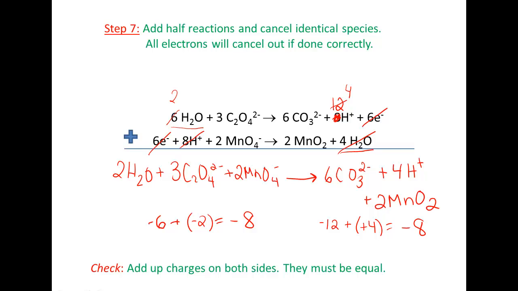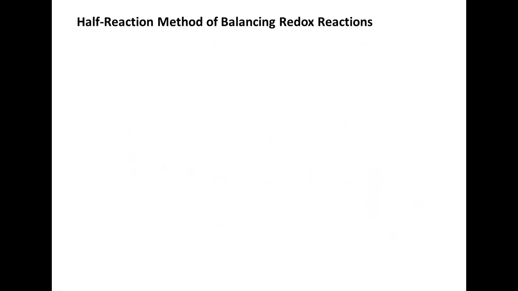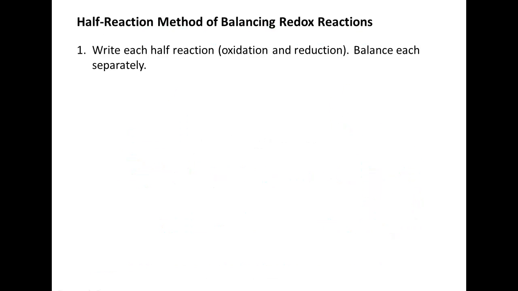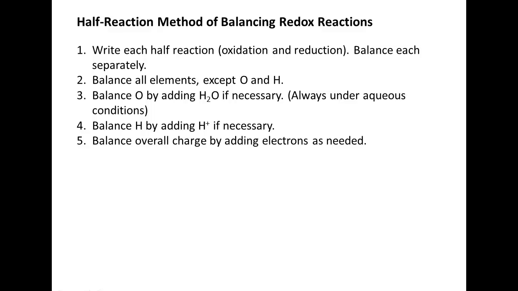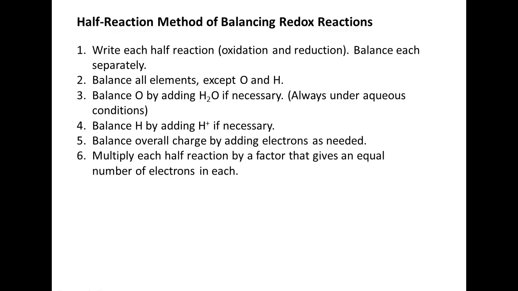Let's go over the problem steps again. First, we write each half reaction and balance them separately. The first thing you do is balance all of the elements that aren't oxygen or hydrogen. The next thing you do is balance oxygen by adding water, and then balance hydrogen by adding H+. Next, you balance the overall charge by adding electrons.